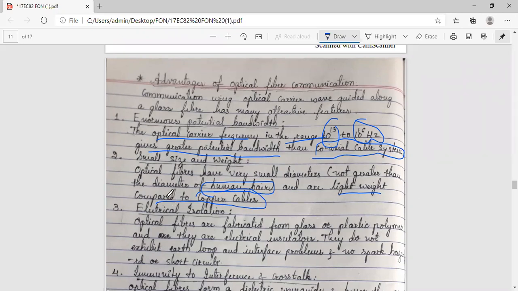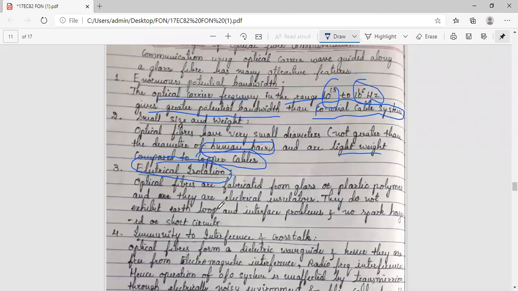The third advantage is electrical isolation. You know that optical fibers are made from either glass or plastic material. Both are good insulators, right? So separately, you don't require another electrical isolation, because in coaxial cables, inside you use the conductor, that is your main part, but outside you need a shield to avoid shocks and malfunctionings.